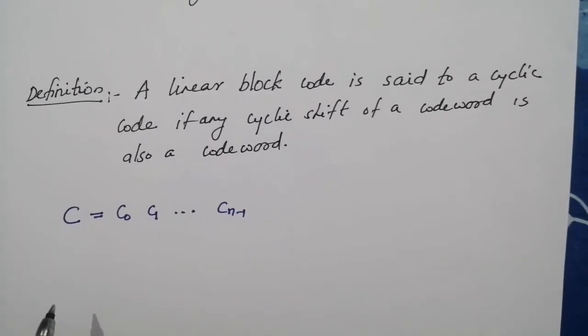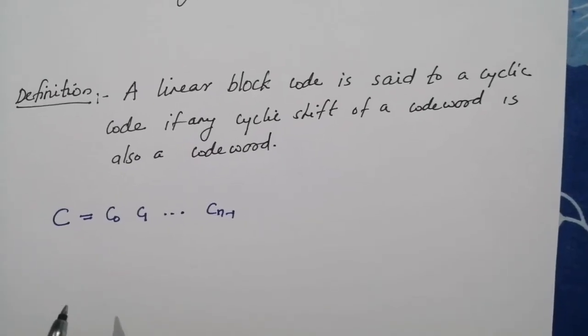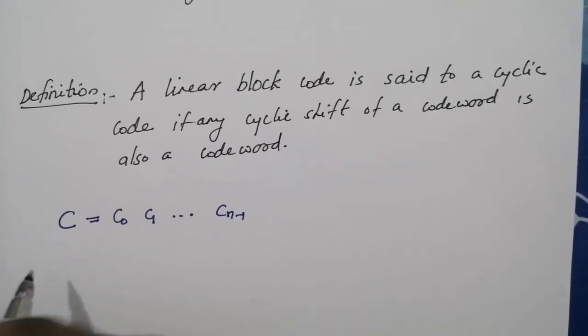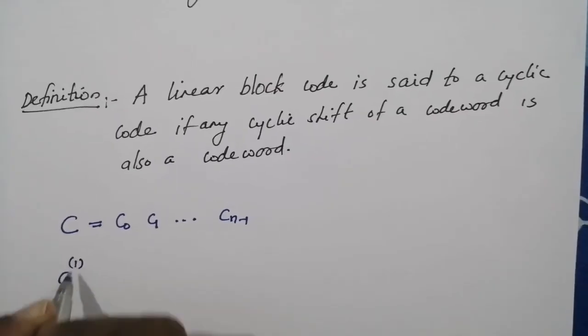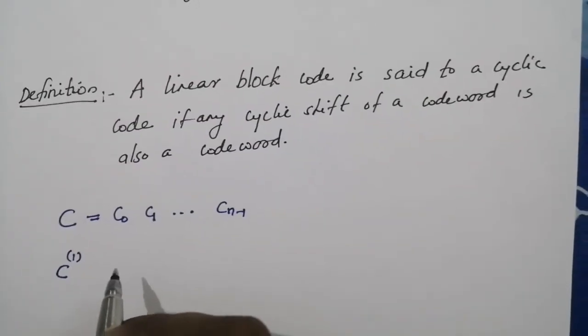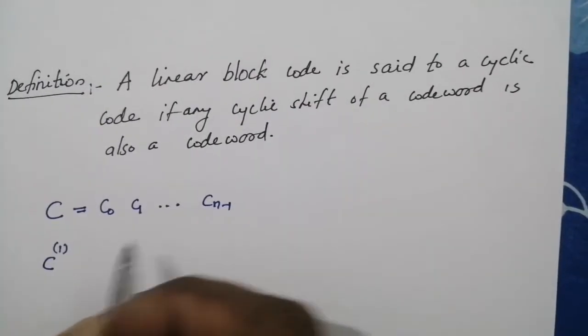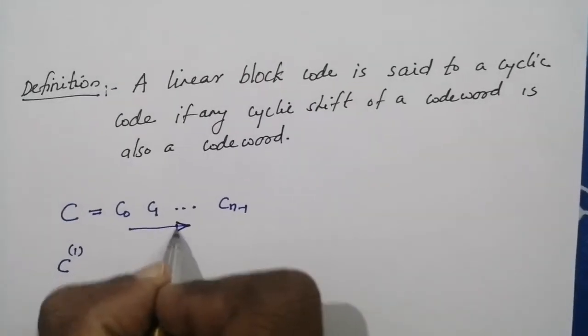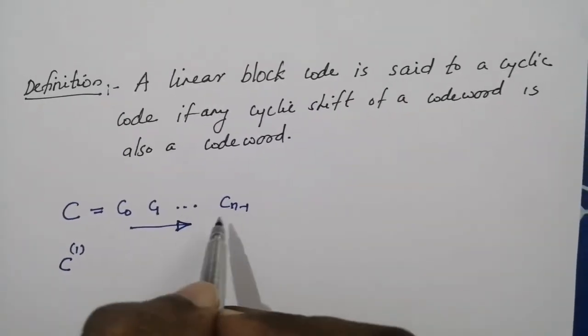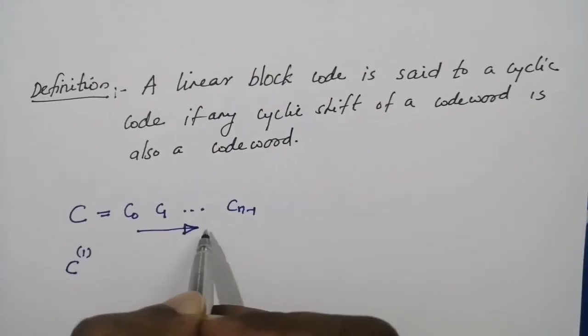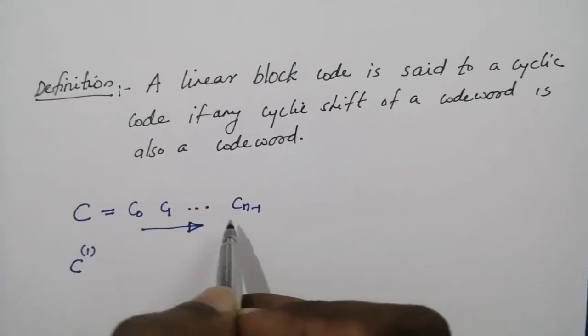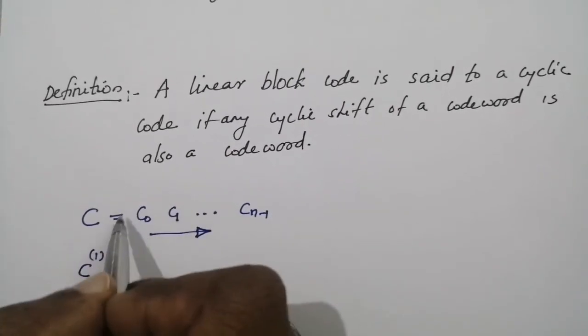When C is given a cyclic shift to the right, the resulting code word is represented as, say, C of 1. That is, you are shifting the code word in this direction cyclically, so that Cn minus 1 goes here.